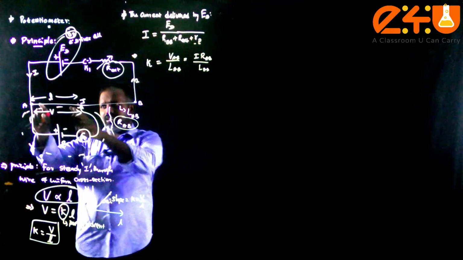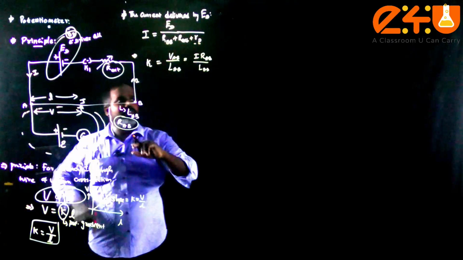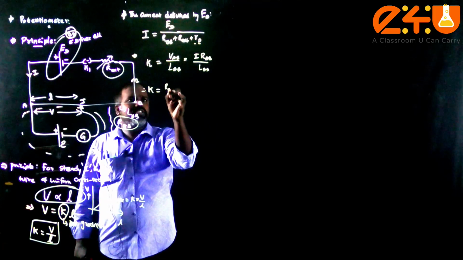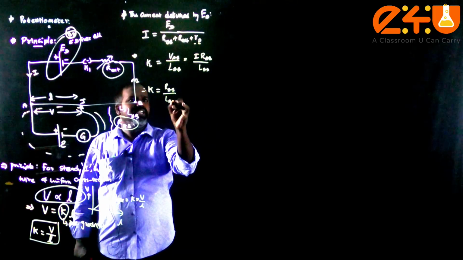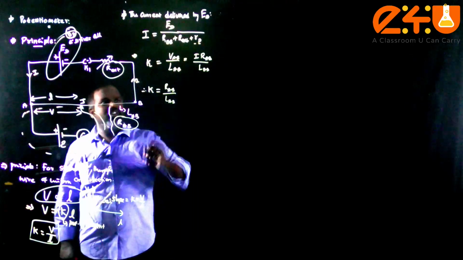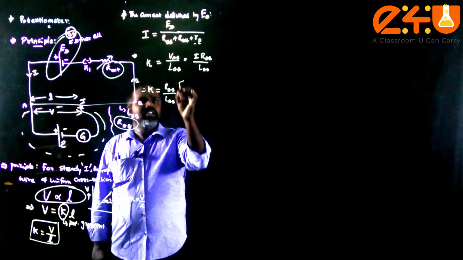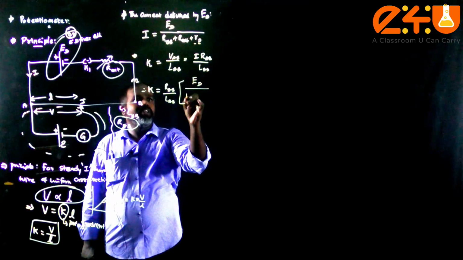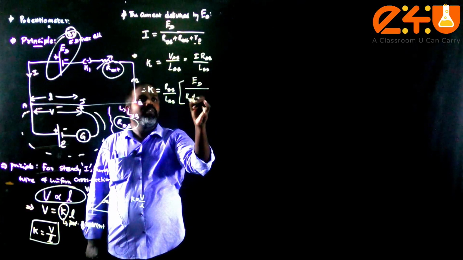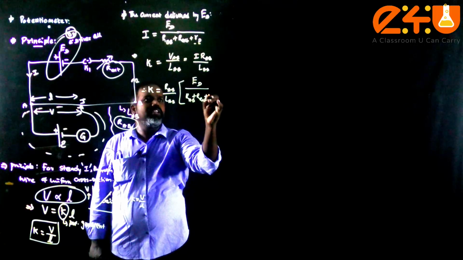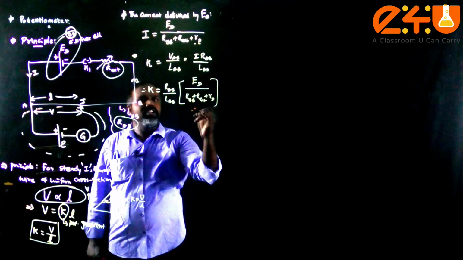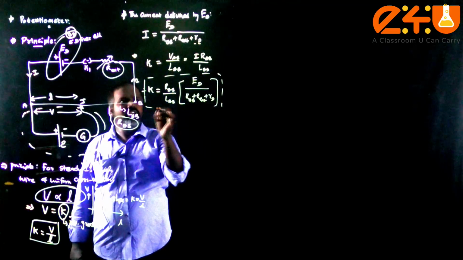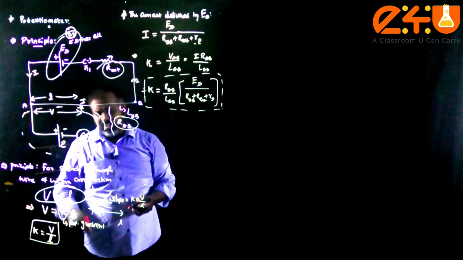Therefore, K is equal to I RAB divided by LAB. This is nothing but a small r, the resistance per unit length, into the I value, that is E driver divided by RAB plus R external plus R internal of the driver cell. So this is the second formula for potential gradient.